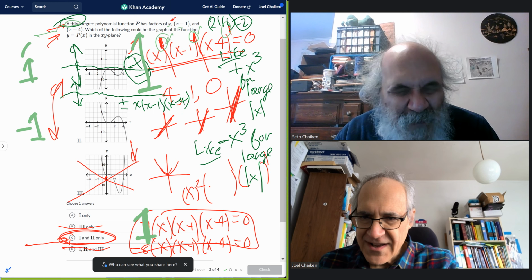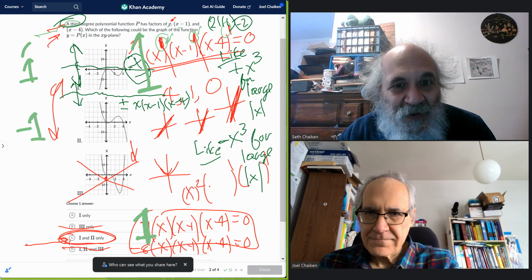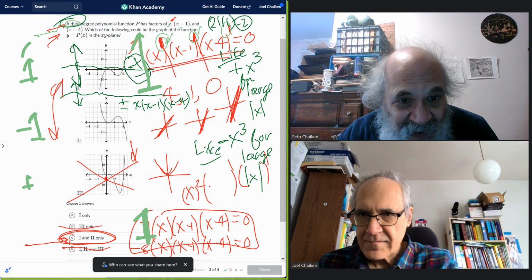The bottom one, if you multiply it by, it goes through what? Minus 4, and they multiply it by 2, minus 8. This goes through about minus 8 here.